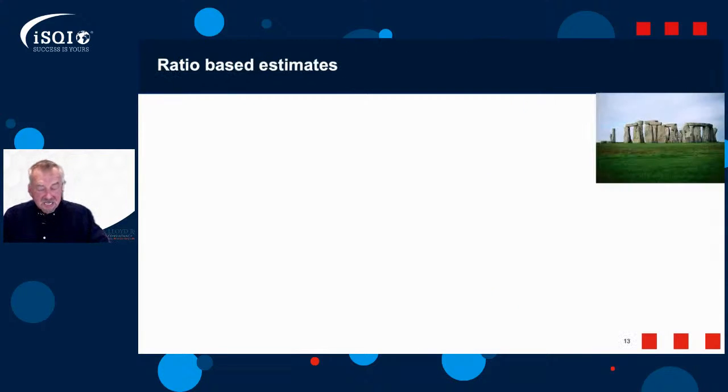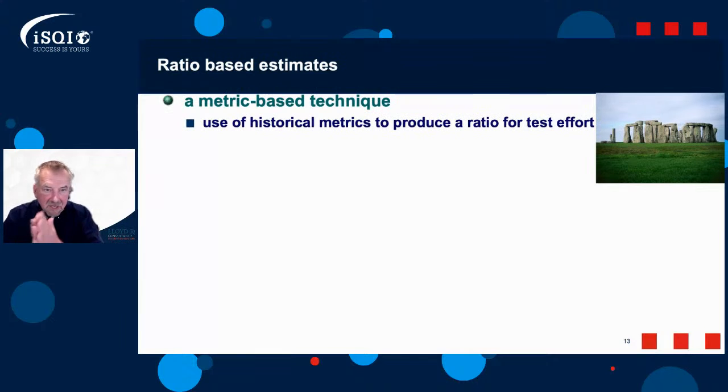Okay. So let's have a look at the first one, ratio-based. We're using historical metrics to produce a ratio for test effort. And we're almost saying, okay, if this is what it took last time and the project is a similar size, then we estimate it's going to be this time.